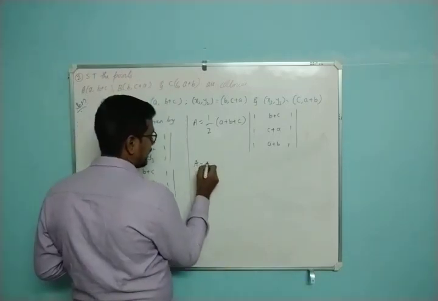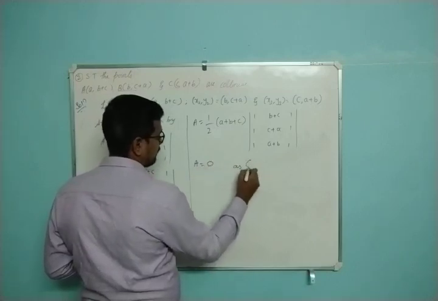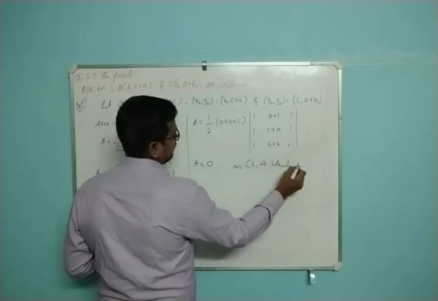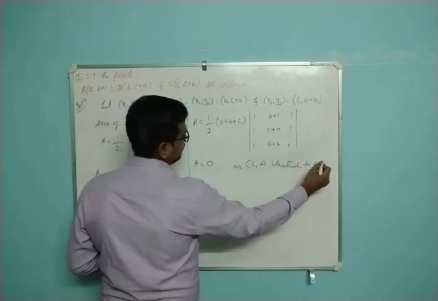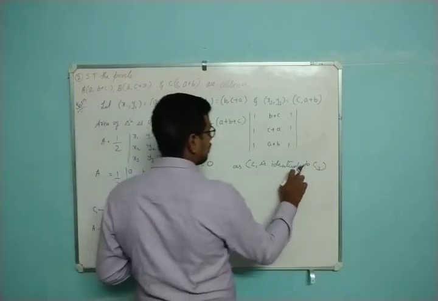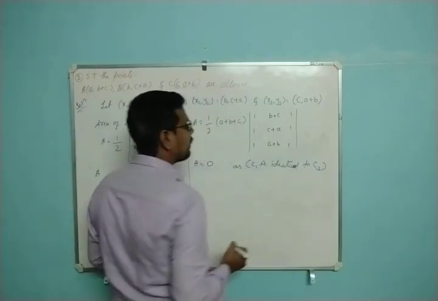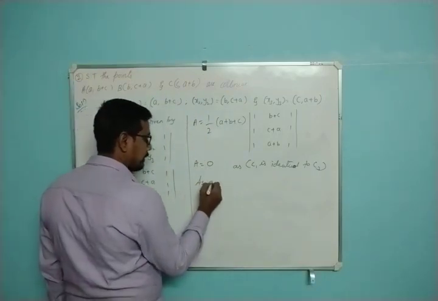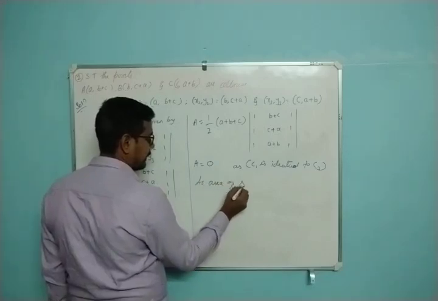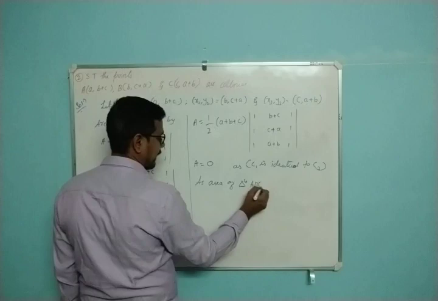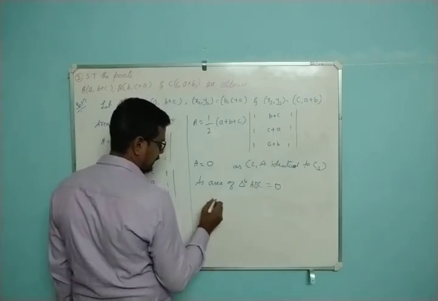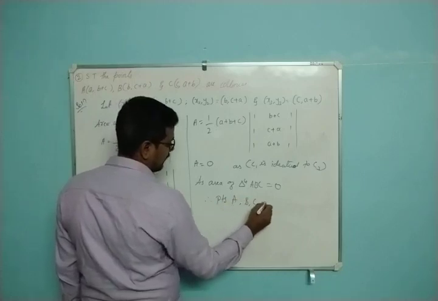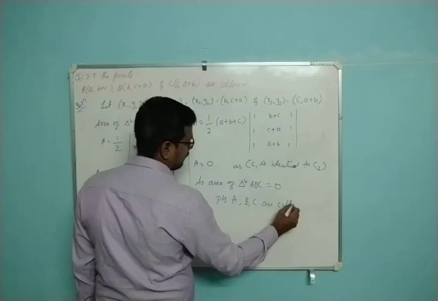So I can write area is equal to 0, as C1 is identical to C3. The area of triangle ABC is equal to 0. Therefore, points A, B, C are collinear.